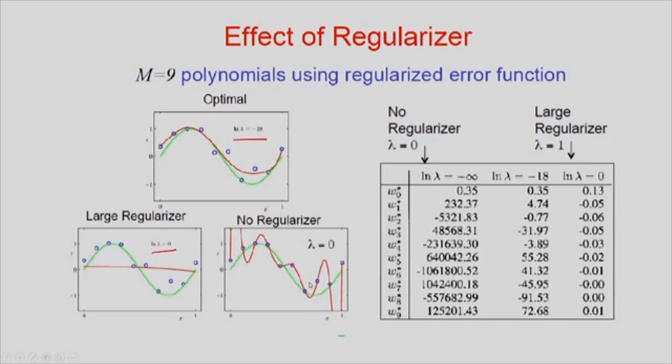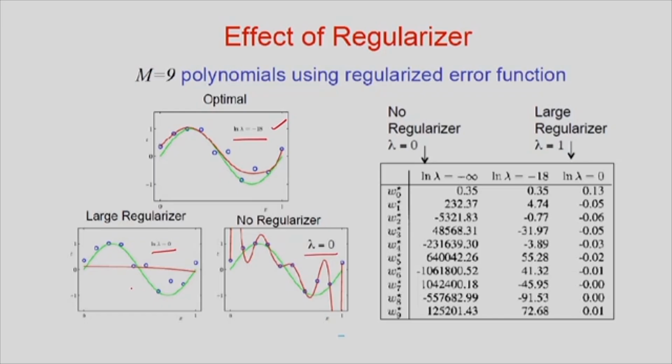That means there is no regularization, and if there is no regularization then oscillation will be there. But if I consider the optimum ln λ equal to minus 18, you can see the effect of the regularizer. There are no oscillations. If I consider too large a regularizer, then the problem is there also.